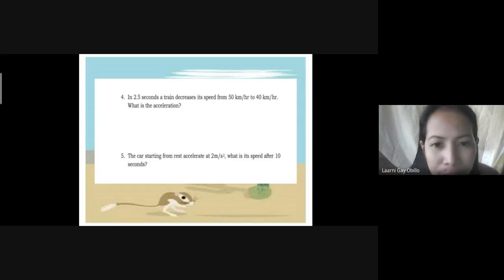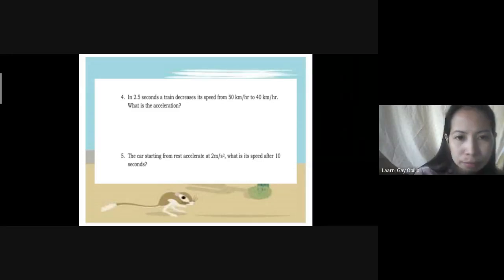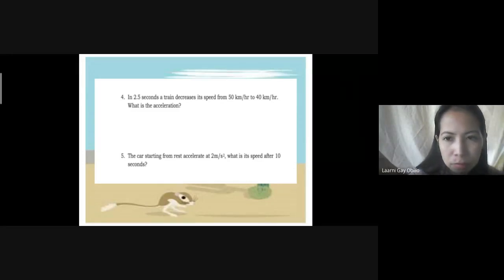So, ano yung magiging speed niya after 10 seconds? Kung 2 meters yung takbo niya kada segundo, after 10 seconds, ilan na yung kanyang speed?